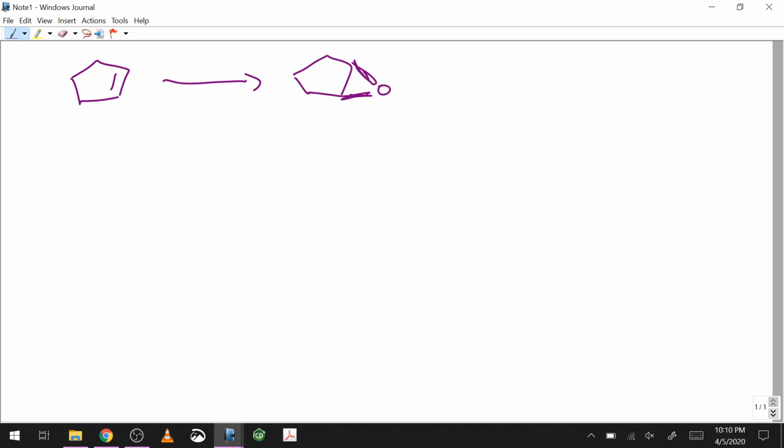The first is a continuation from what we've already done with the halohydrin reaction. It looks like this. We take the alkene, we treat it with something like Br2 and water, which gives us the halohydrin, which is in this case a trans alcohol and bromine.